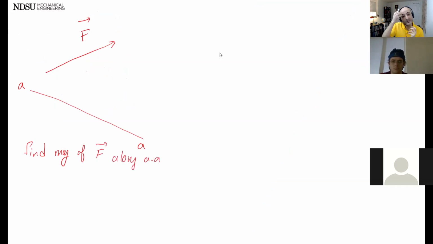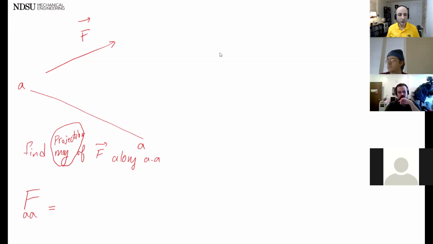Remember that? Or instead of magnitude, it also said projection. Different ways of saying it. Do you guys remember what we did? How did we find the magnitude of F on this axis AA? We use the dot product.